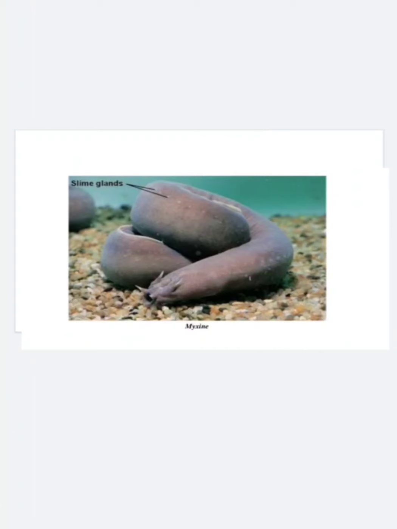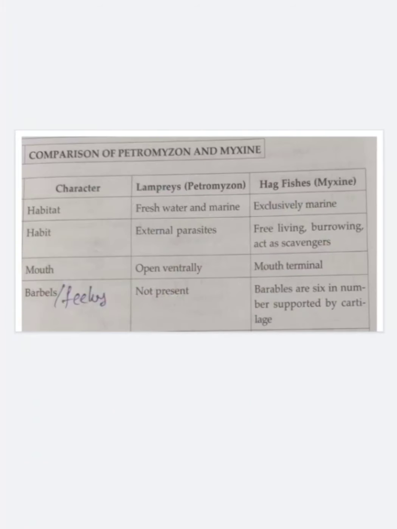Then coming to Myxine, it is commonly called hagfish, and it is widely distributed in the sea coasts of both the Pacific and Atlantic oceans. It is also found in the waters of North Europe, North Atlantic America and Japan. Then coming to the comparison of Petromyzon and Myxine.